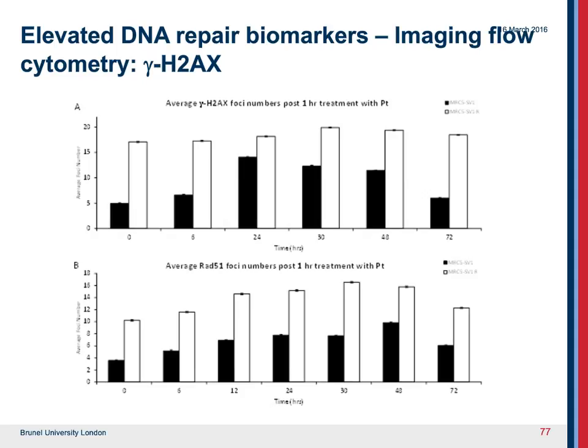And you can see that we get more H2AX foci, representing more incisions of the damage, and we're getting a greater assembly of the homologous recombination pathway by the increased expression of Rad51. So it would appear that in drug-resistant cell lines, we see this increase in DNA repair.